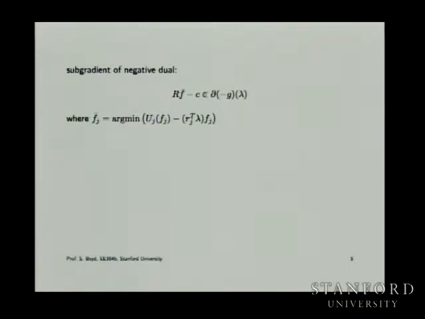That's Fj here, and you optimize this. Then you go back here and you look simply at Rf bar. That's the actual traffic on the network minus C. And that is in the subgradient set for this dual function here, the negative dual. So that's what that is.